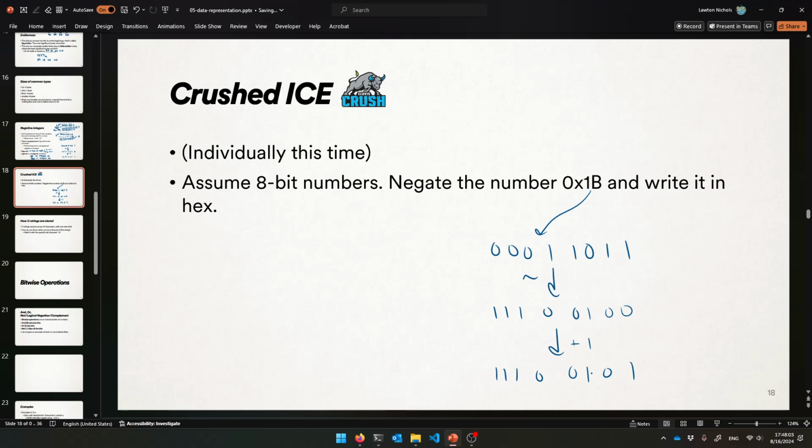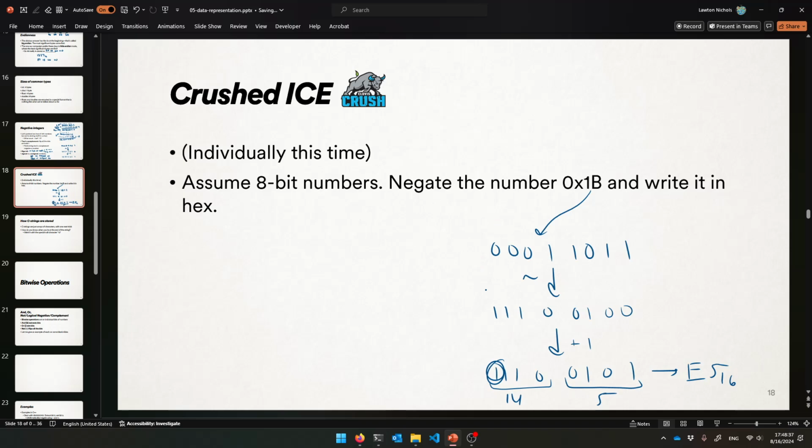And now I need to convert this to hex. So I chunk it up into 4 bits, and this is 5, and this is not quite 15, it's 14. And so that's 1 before F, it's E. So this is E, this is 5. And so E5 is the number in base 16 that is the negated form of this, and you can see that this was originally a positive number because it has 0 there, and this is now a negative number because it has a 1 there.